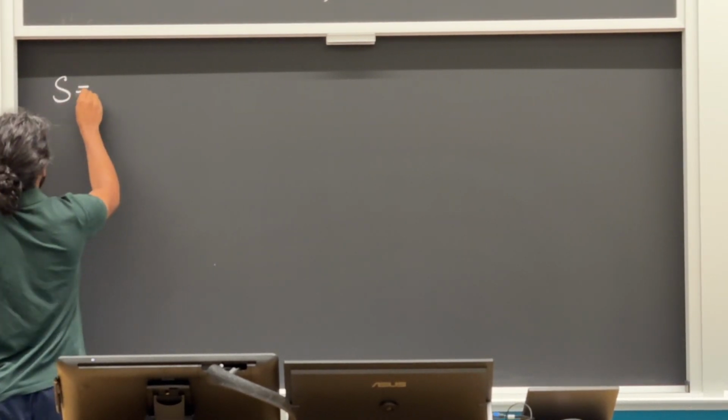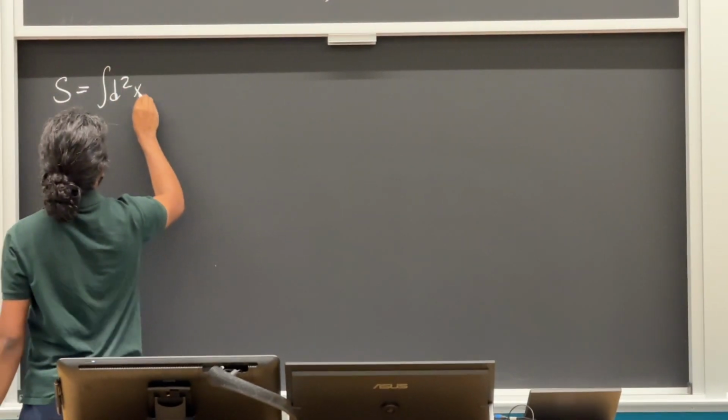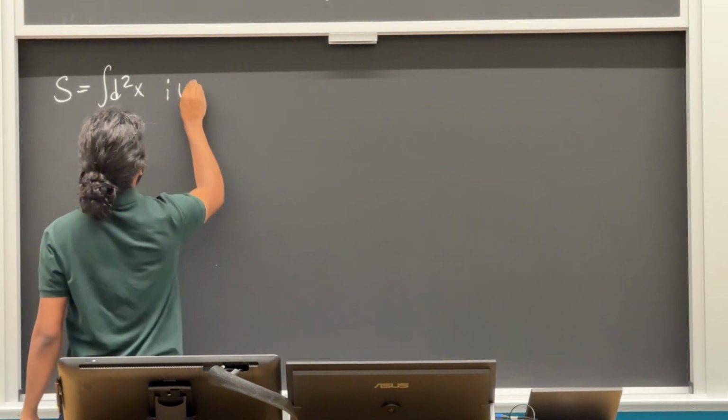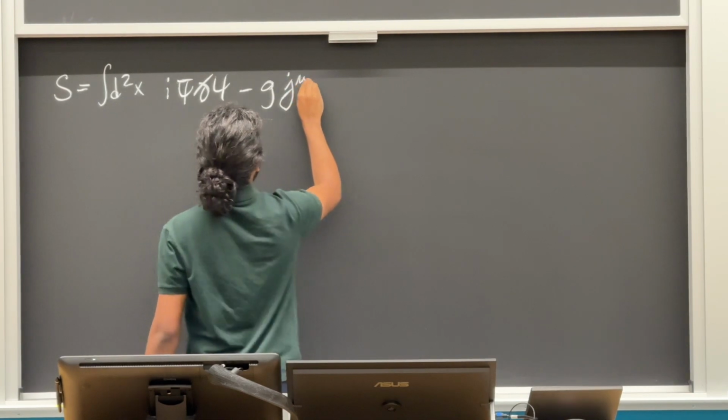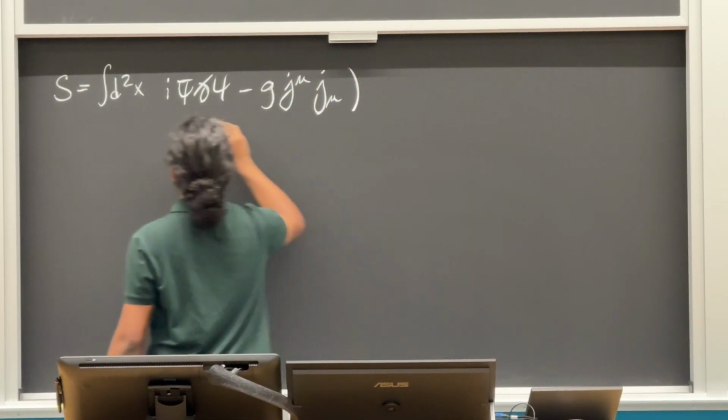Forget about the mass term for now. The massless Thirring model, psi bar slash psi is G j mu.